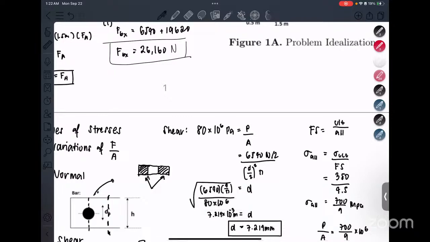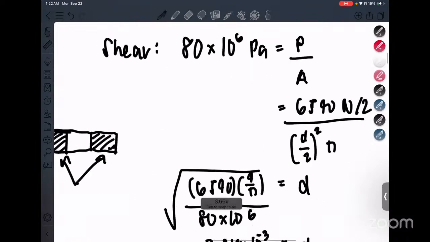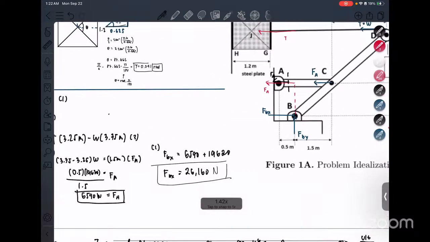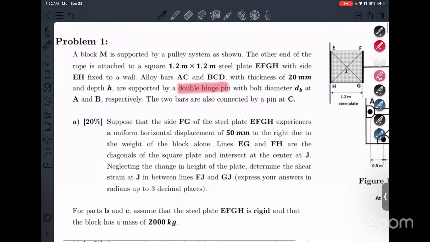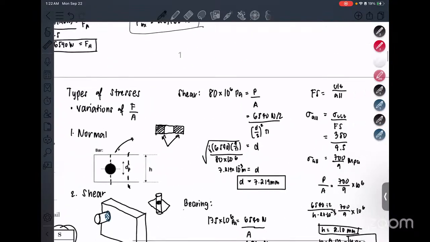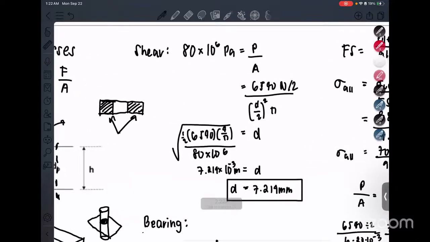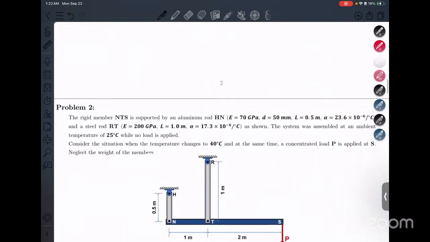The reason why is because this is a double hinge pin. So yeah, you will actually get this when you include the 1/2. Apologies ulit for missing that. I'll just tag it sa video na there's an error.